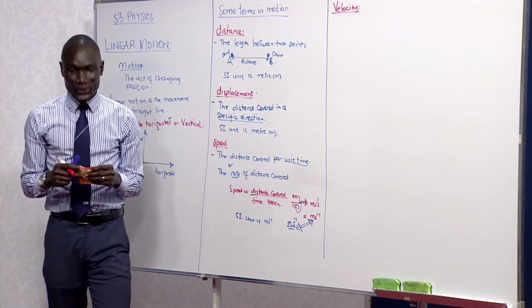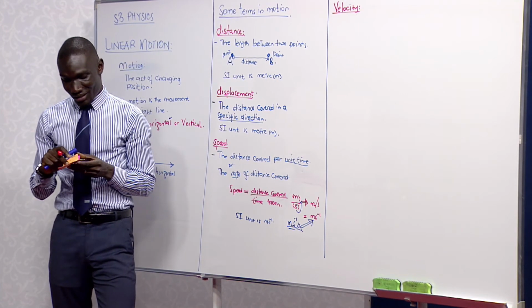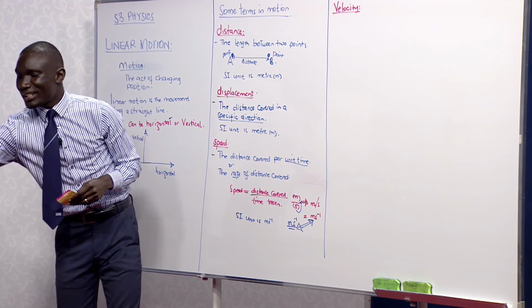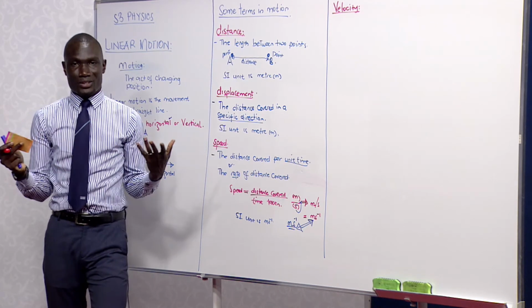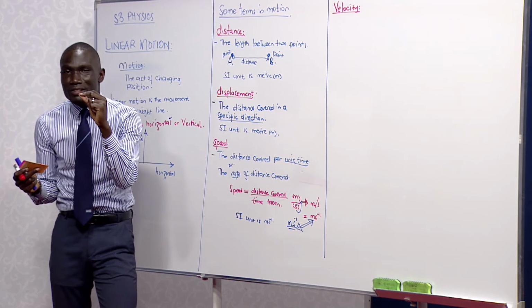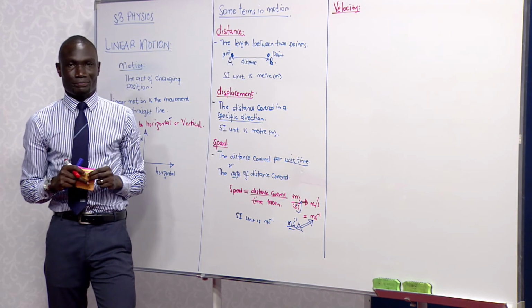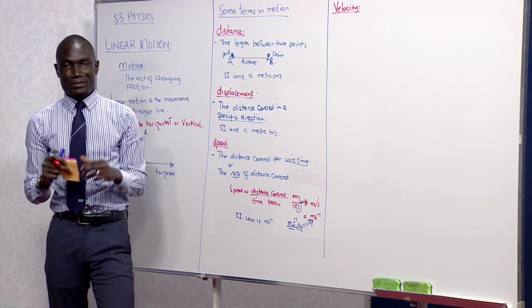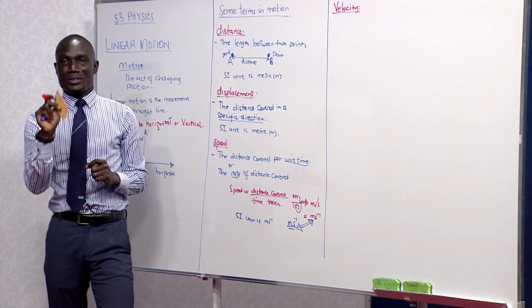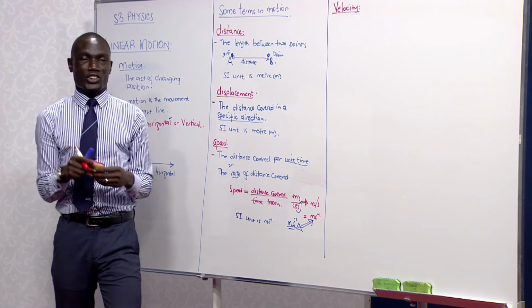Now, this term velocity is very, very closely related to speed, like I told you earlier, but it is not exactly speed. How do we define velocity? I'm going to define velocity, then I give you an explanation.